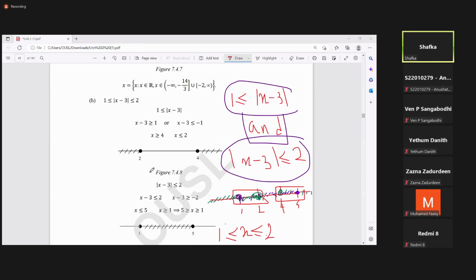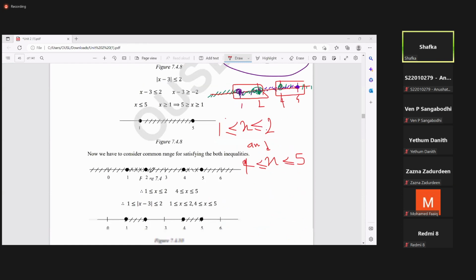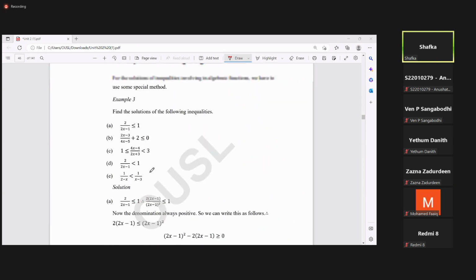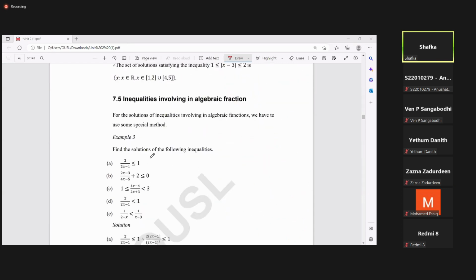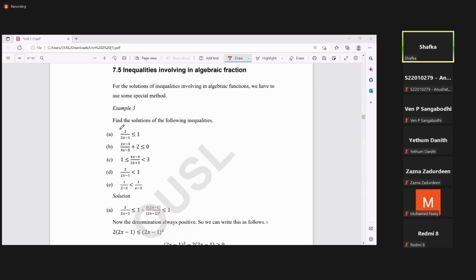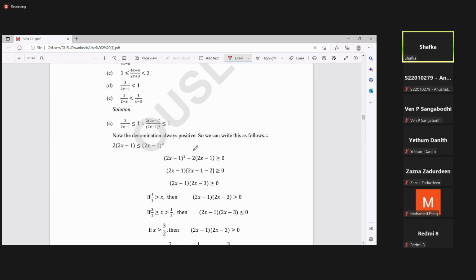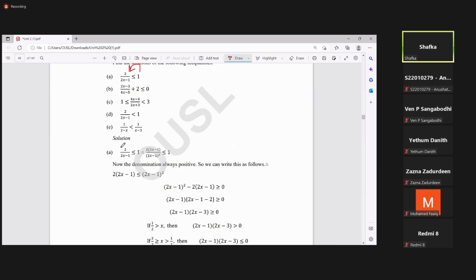Since the time is now 11:46, let me quickly go through this kind of inequalities. Here again, you have the same thing, and on the right hand side, you have a constant term. You have to move it into the left hand side and simplify the left hand side, and then only you can easily get the inequality.